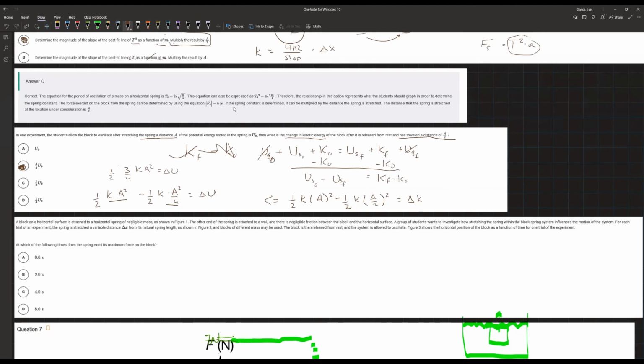If they were asking for the change in potential energy, then I would move the spring potential energy to the right side so that we would get the final spring potential energy minus the original. And then that would be the original kinetic energy minus the final kinetic energy if we were looking for delta U. And that was a question later on that was asked.